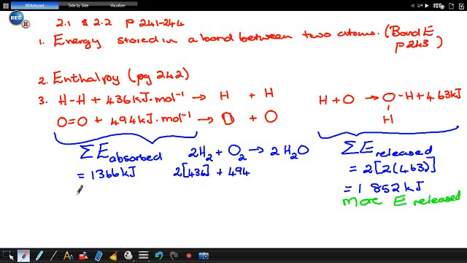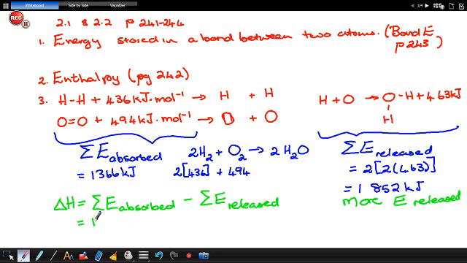than what is absorbed. So the change in enthalpy, or the heat of the reaction, is in this case the total energy absorbed minus the total energy released.